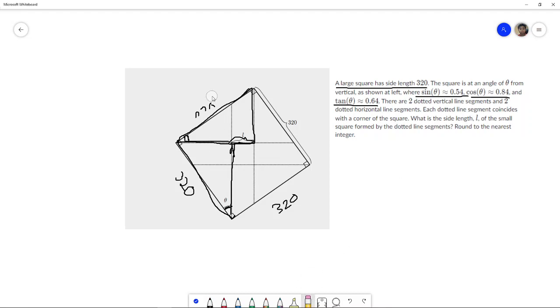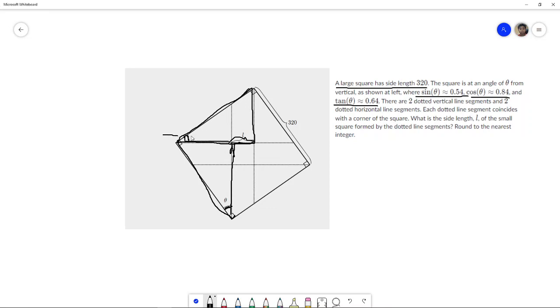Now I'm going to erase the side lengths, just because we know that it's 320. But now we know all of our data basically, and now we need to utilize it to find the side lengths. So first, let's start off with this triangle over here.